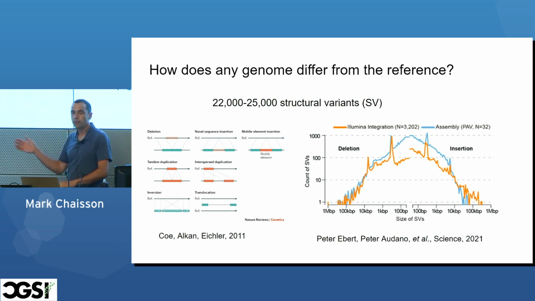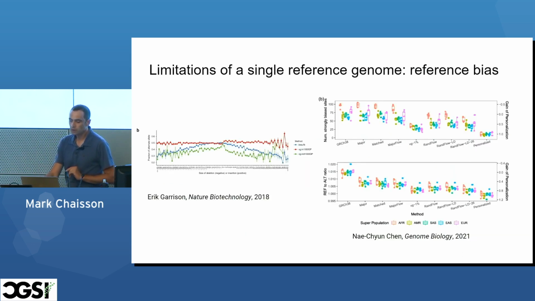Add on top of that around 22 to 25,000 structural variants. These are insertions and deletions of at least 50 bases between an individual and the reference genome. And around 500 to 600,000 shorter variants in between. So there's a lot of variation that all of us have that's different relative to a reference genome.